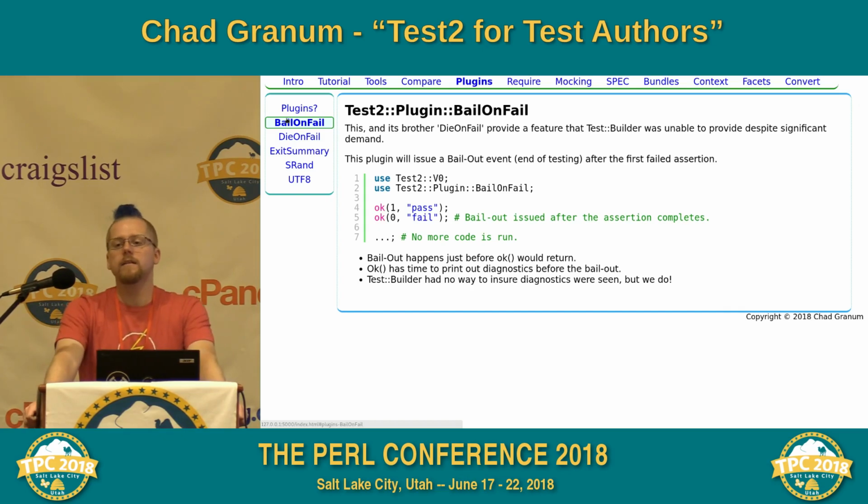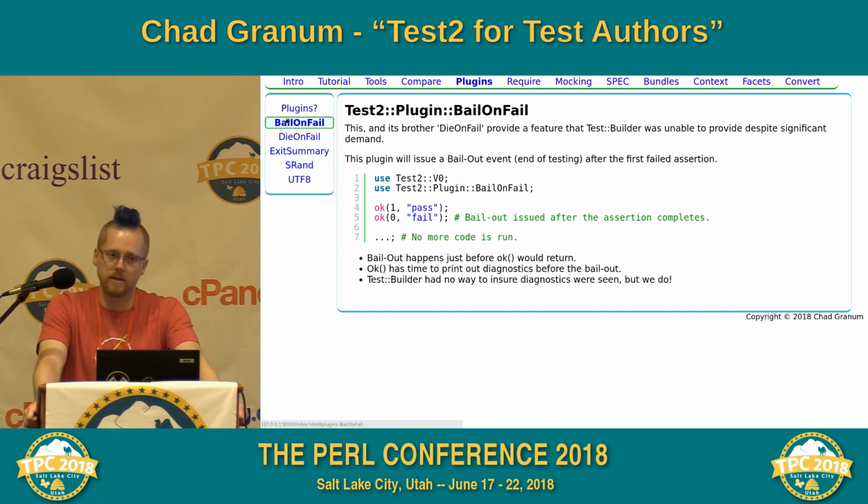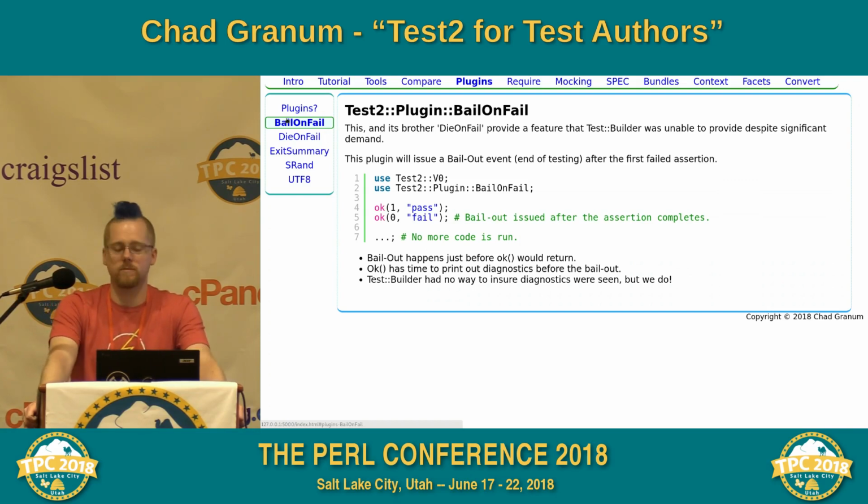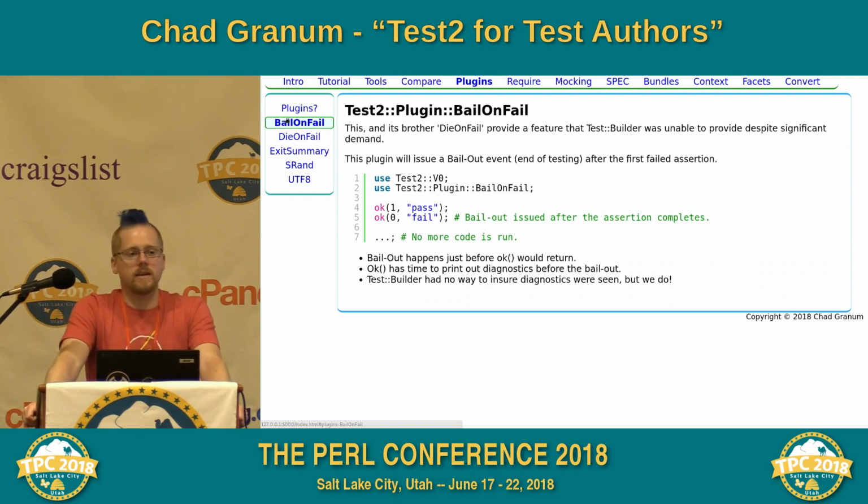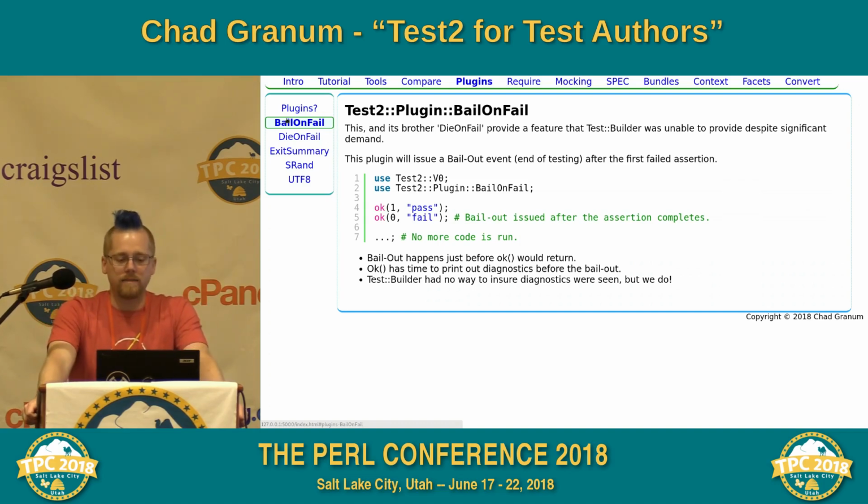Bail on fail. This is one of the most requested features for years with Test Builder, and it could not be implemented with Test Builder. What this is, as soon as the first assertion fails, you bail out so that all testing stops. That was difficult with Test Builder because your diagnostics were a separate call from your assertion.